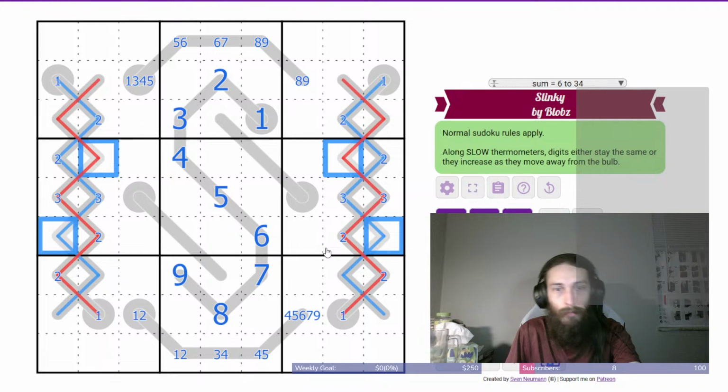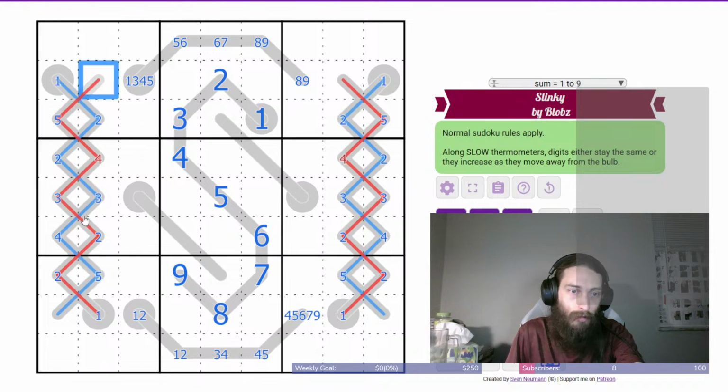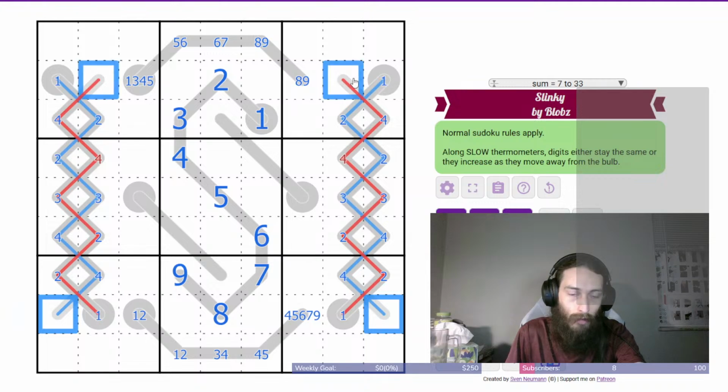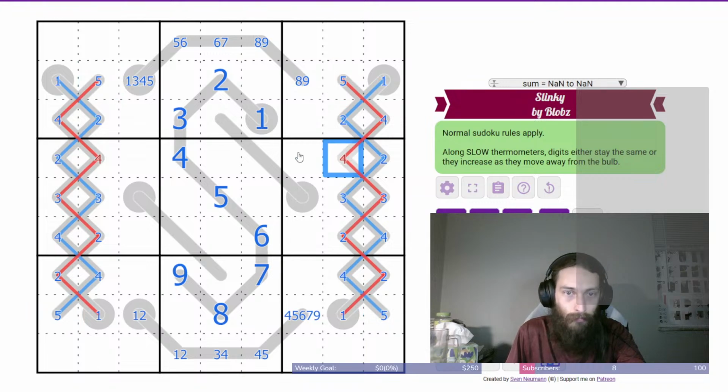After the 3 would be a 4. After the 4 would be a 5. Oh, right. Because that isn't seen by the thing before it. And then we have 5. Or it's not limited by the thing before it.